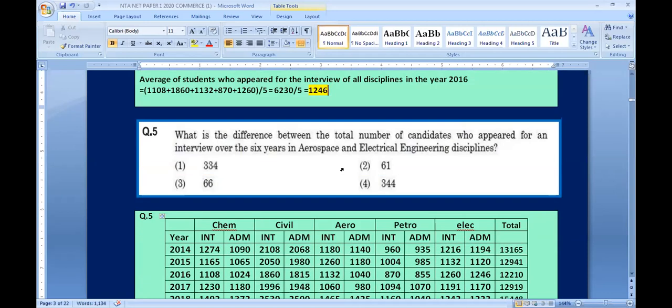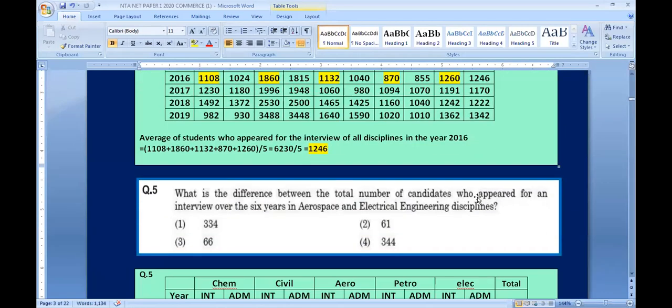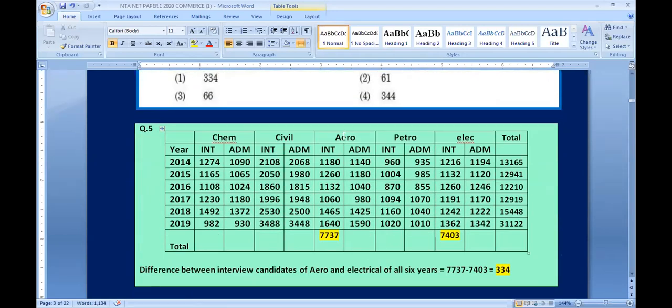So you should take the difference between the total of number of candidates who appeared for interview. Only interview candidate, you take the difference between the two departments, aerospace and electrical, for all the 6 years. So whenever they ask for all the 6 years, you should add the total of 6 years and you should see the difference. So aerospace is 7737.